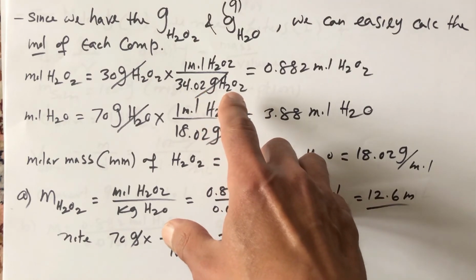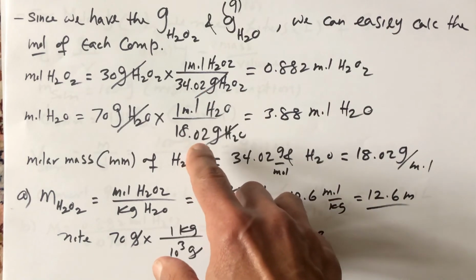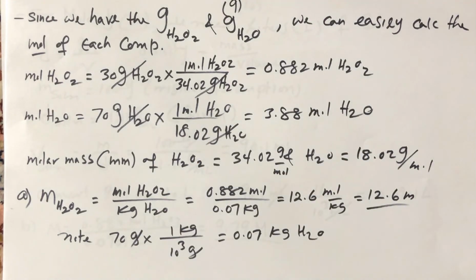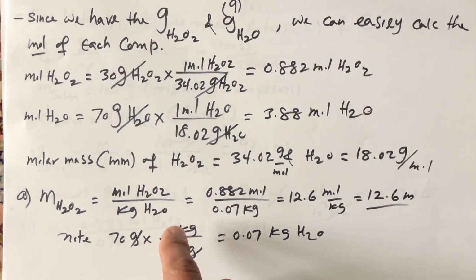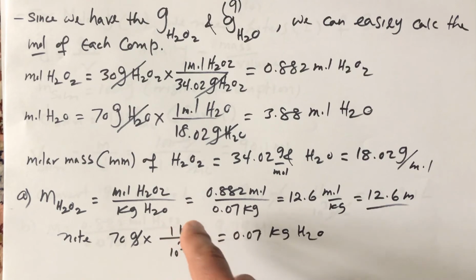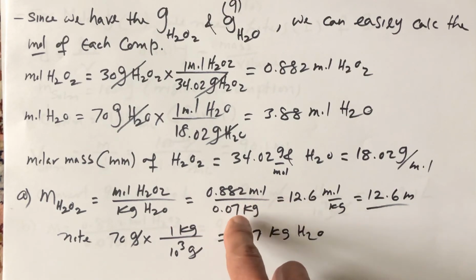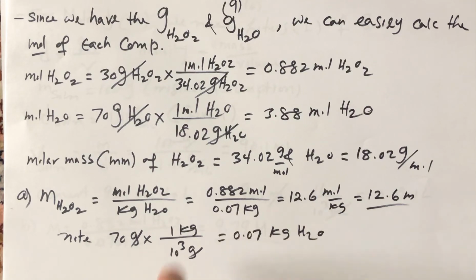34.02 is the molar mass of hydrogen peroxide, 18.02 is the molar mass of water. Again, these numbers will be given to you, and we calculate the moles. So the molality of hydrogen peroxide is going to be moles divided by kilograms of water. So I have 0.882 moles of H2O2 divided by 0.07 kilograms of water.